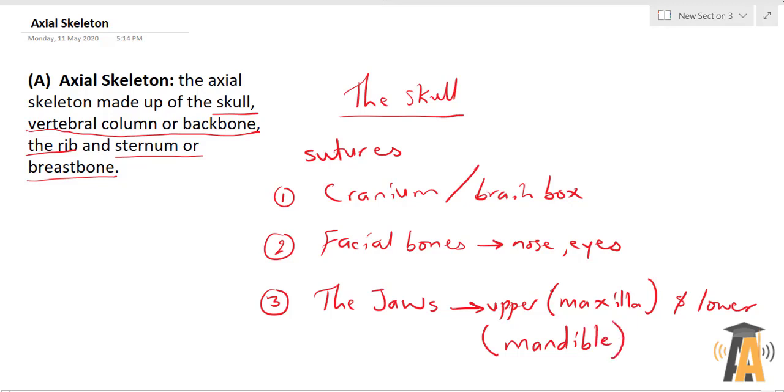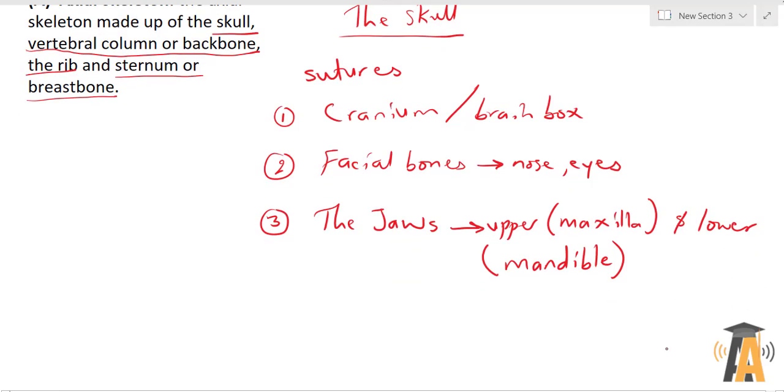So these are the three major parts of the skull, and some little functions of the skull.